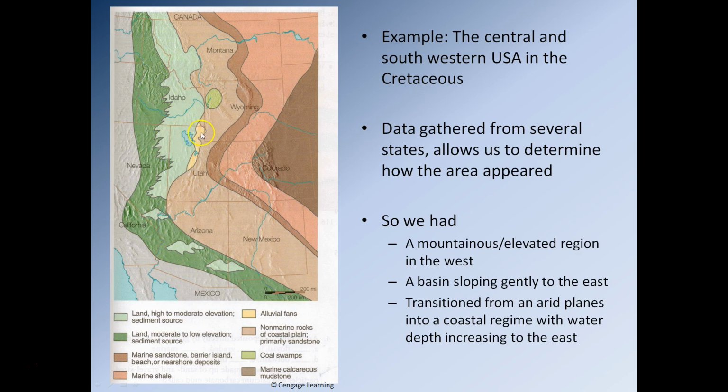So as we move past the alluvial fans, we move into this light brown band. And this light brown band represents, where is it? Here we go, non-marine rocks, coastal plain, primarily sandstone. So what we're dealing with here are rocks that are not marine, so we can discount any kind of marine rocks.